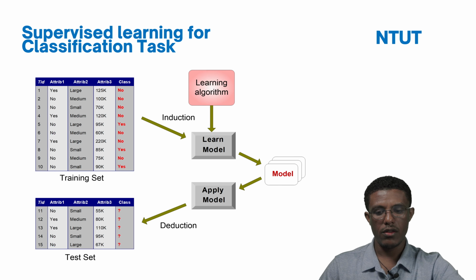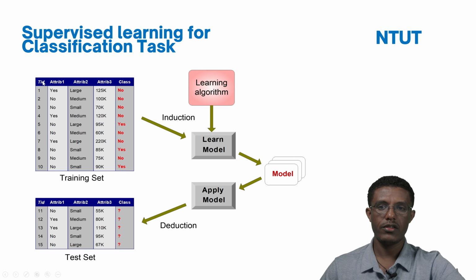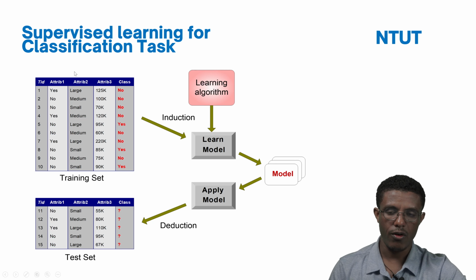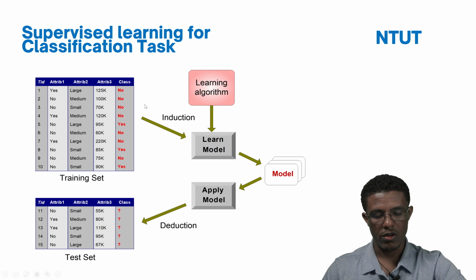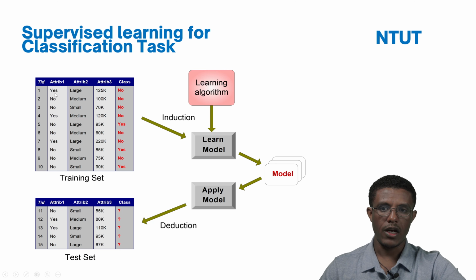So this one is x1, x2, x3, and x4, and this one represents the y. All these x values are the input attributes, and the class y is the target output.